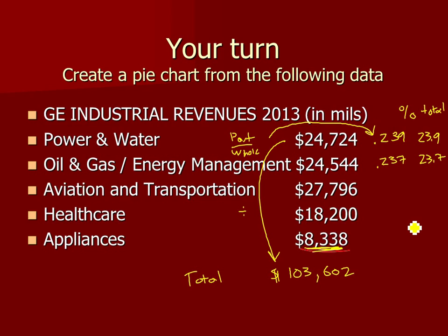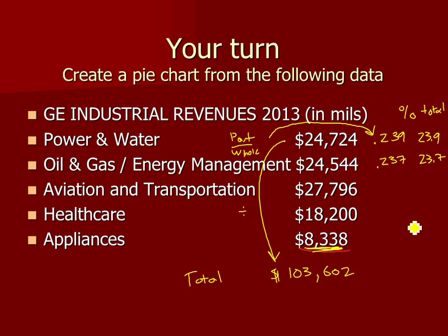So power and water, that's hydraulic systems to produce power. Power, they actually make nuclear power plants, all sorts of systems to manage electricity grids. They make it all. Their customers are like energy companies, like Austin Energy will buy stuff from GE to manage things. They don't make it.